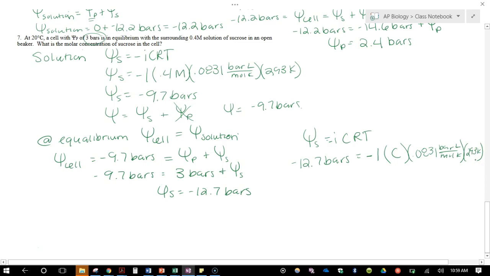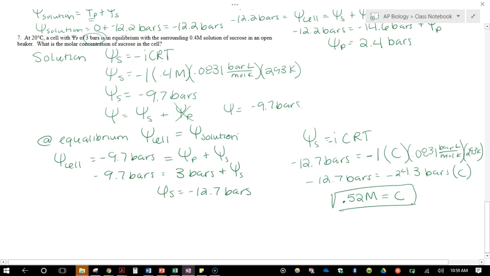If I solve, negative 12.7 bars equals negative 24.3 bars times C. Divide by this, that'll cancel the bars and will give me a 0.52 molar solution as my answer.